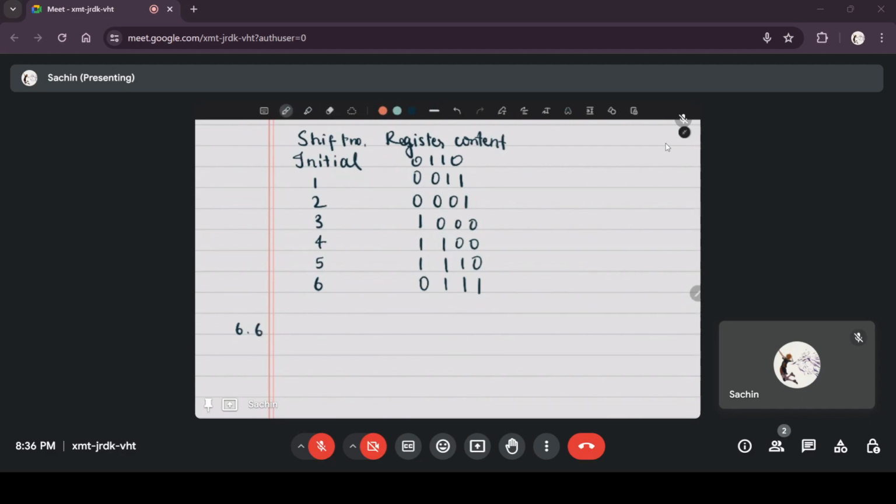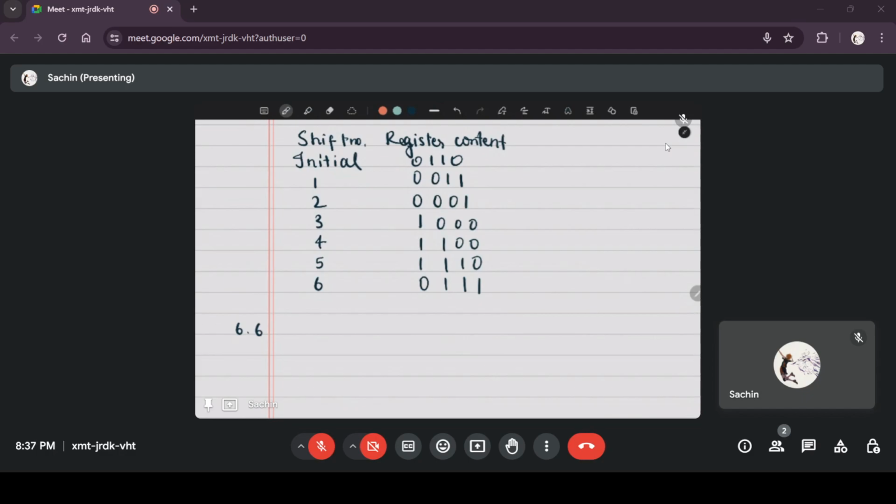6.6. Design a 4-bit shift register with parallel load using D flip-flops. There are two control inputs, shift and load. When shift is equal to 1, the content of the register is shifted by one position. New data are transferred into the register when load is equal to 1 and shift is equal to 0.